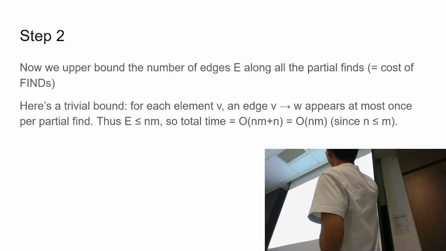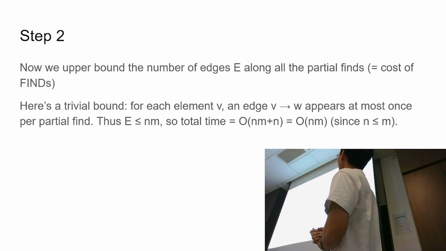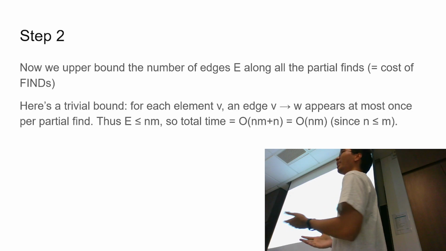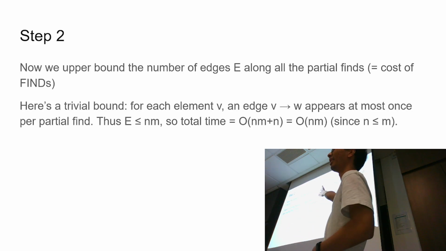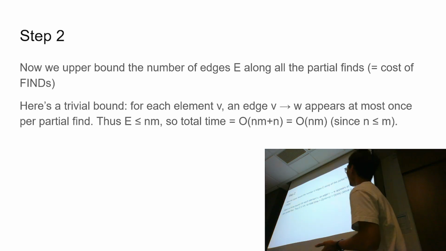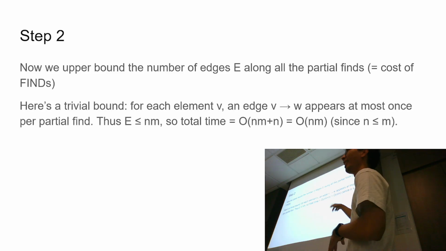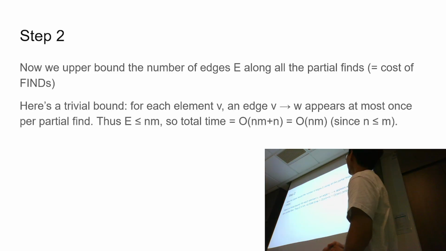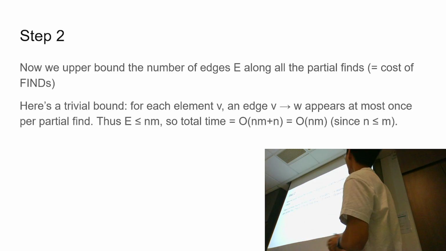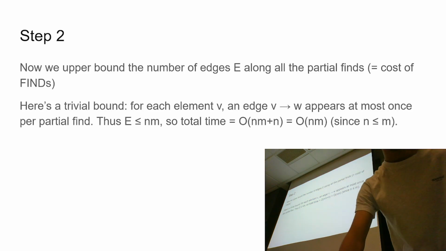You can see that such an edge must appear only once per partial find. So you can actually bound it by NM. This is the cost from the partial finds. And if you add the cost of the unions, which is plus N, then you get NM plus N, which is O of NM, since N is less than or equal to M.